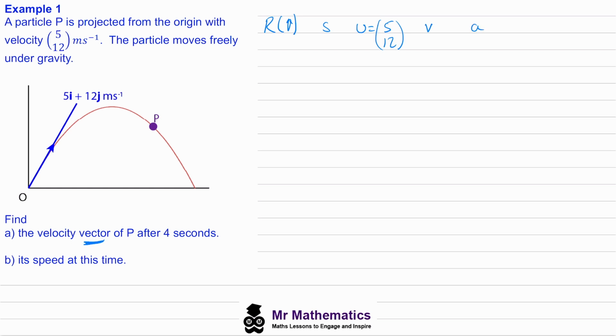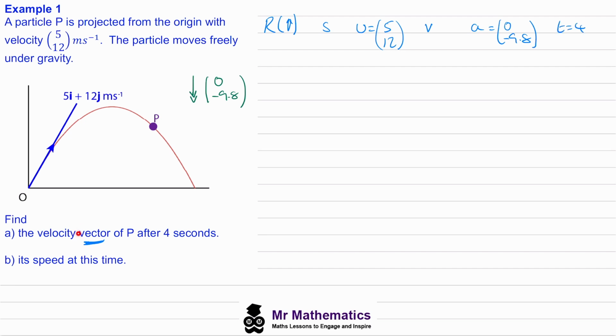The acceleration, well, we know that gravity only acts downwards, so as a vector, this will be 0i and negative 9.8. It is negative because we're resolving upwards. If we were to resolve downwards, this would be positive 9.8. So we'll say 0 and negative 9.8. And the time we're given as 4.